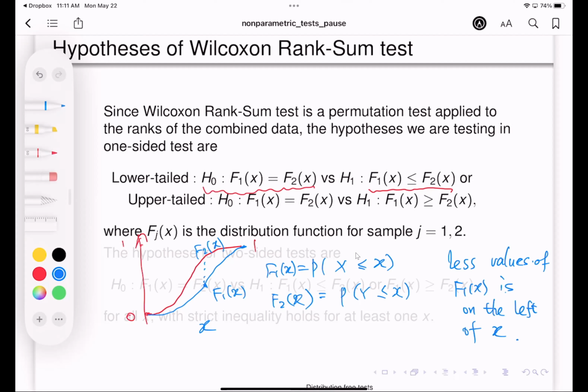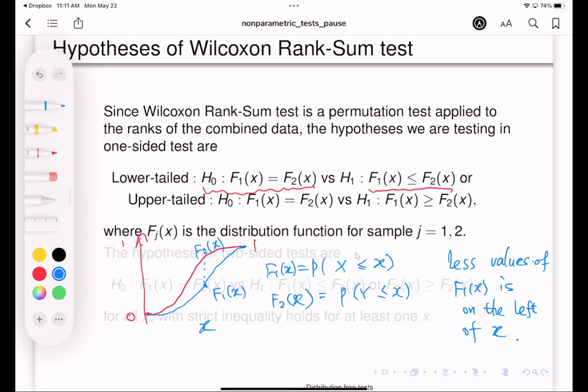So if F1 is less than or equal to F2, that means less values of F1 are to the left of X. Therefore, if you see how many of the values are to the right of that, generally that would say that F2's observed values tend to be bigger.